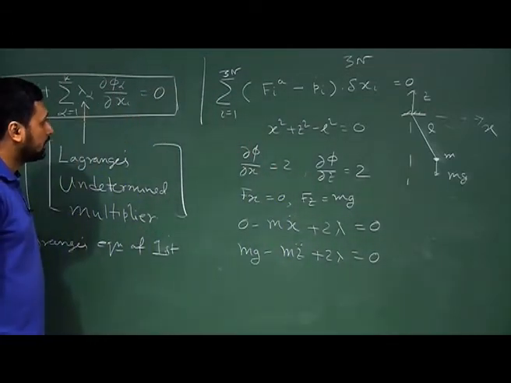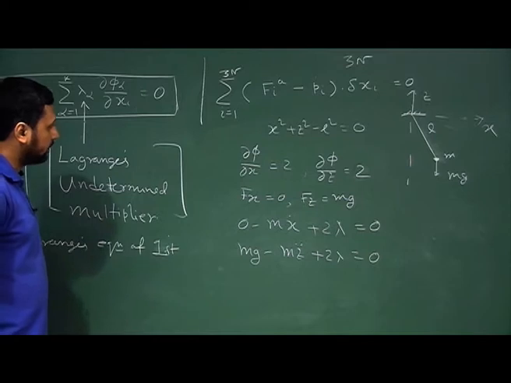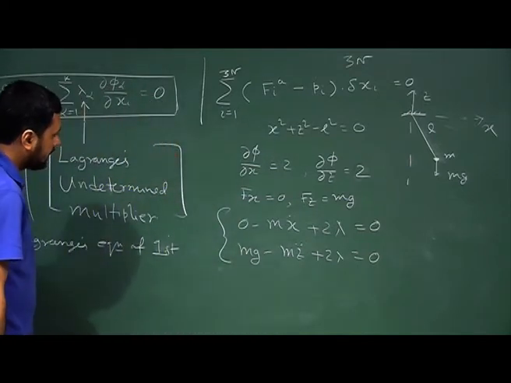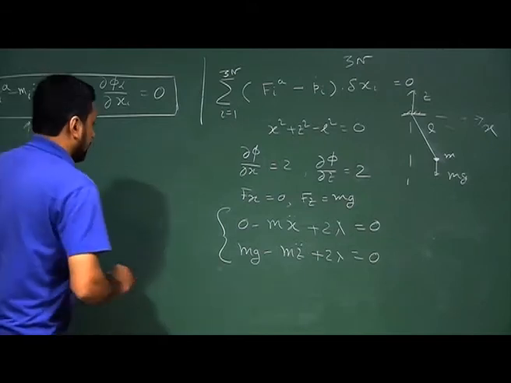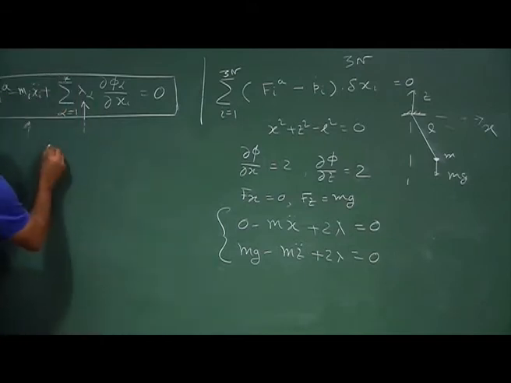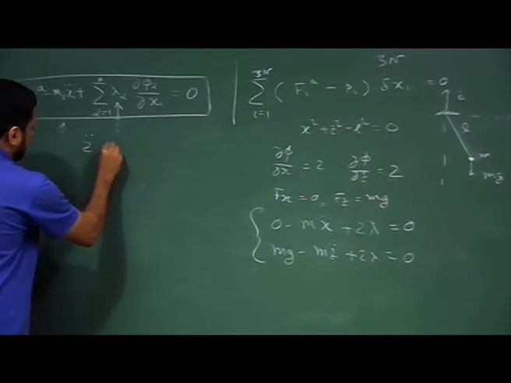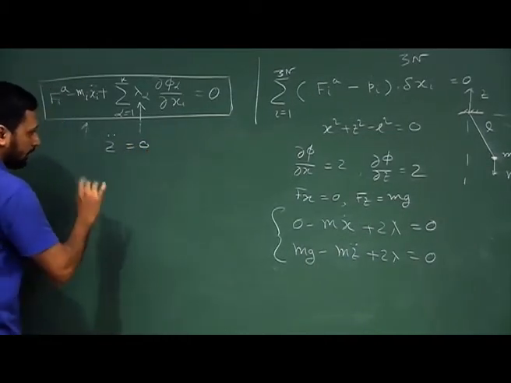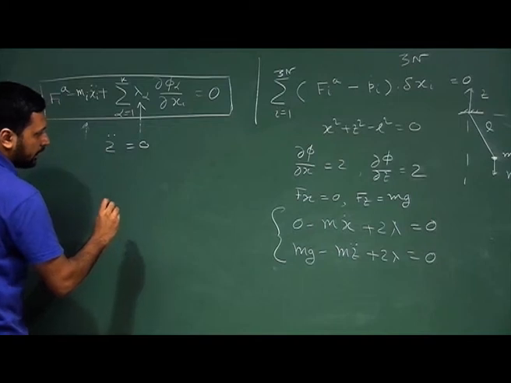So, we got two equations. Once again we have to make the assumption that z double dot is equal to 0, but that comes later.